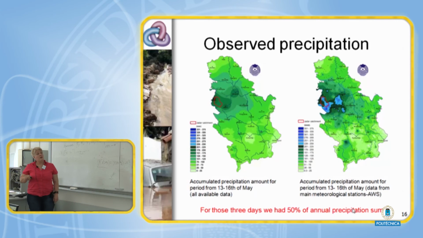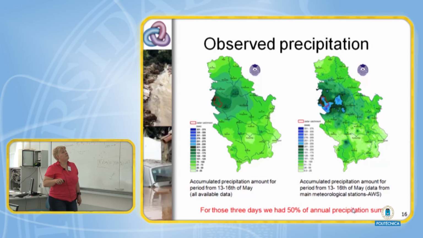A few days after this event, here you can see where the heaviest precipitation occurred. There are two river basins. I just put the first one; I didn't have time to put the second one. We thought that we were dealing with a precipitation amount of about 200 millimeters for the 3 days of this episode.